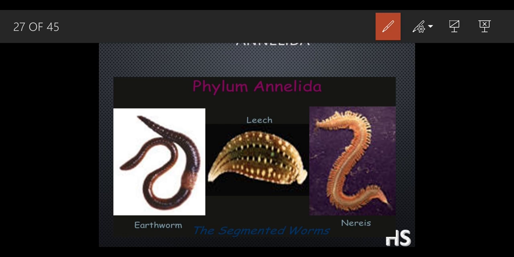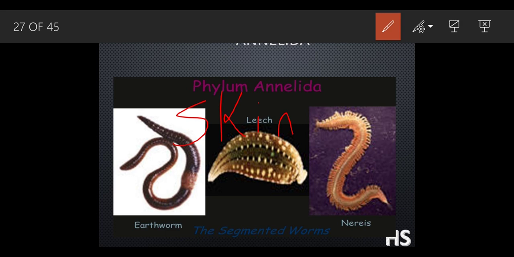Now let's understand some of the qualities of the earthworm. See, we humans respire through lungs, fish respire through gills. Same like that, earthworms respire through skin, because their skin has to be moist.